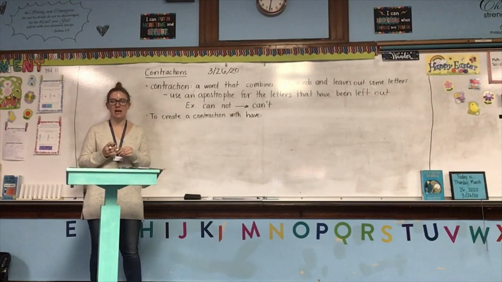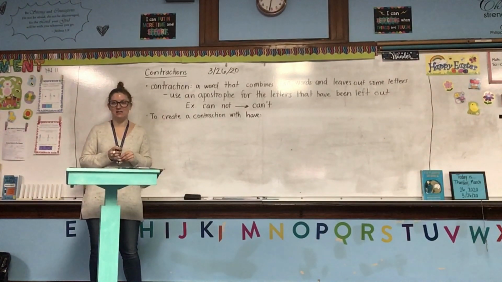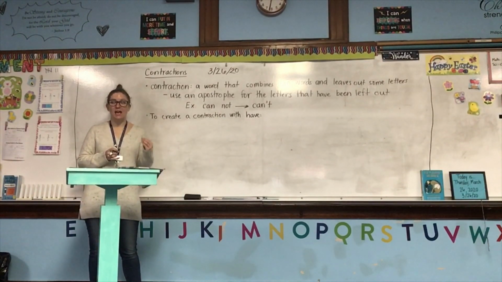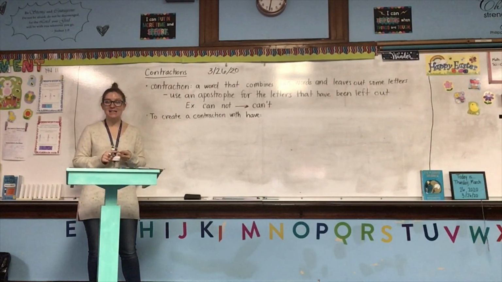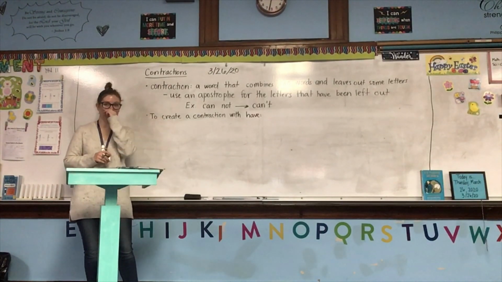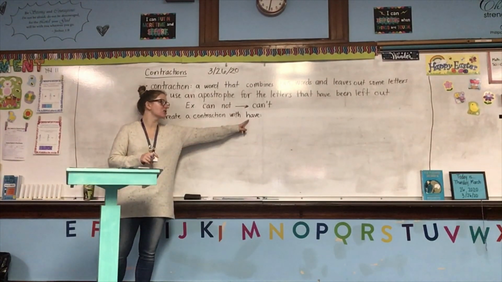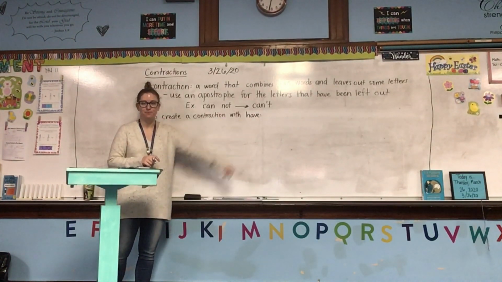We cannot create contractions with the past tense forms of be, like was and were. It's the same with the word have. Has and had are both past tense. We cannot create contractions where the second word is the word has or had. We can only create contractions where the second word is have.